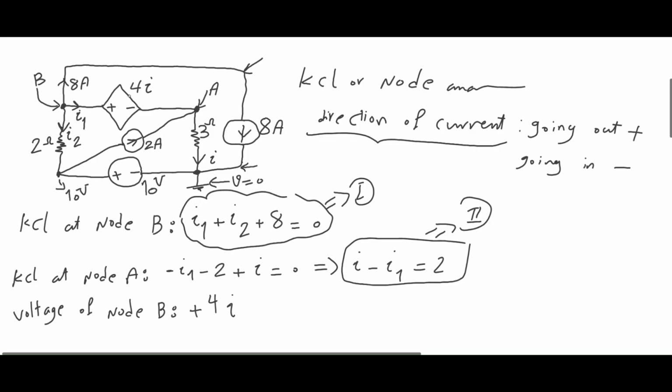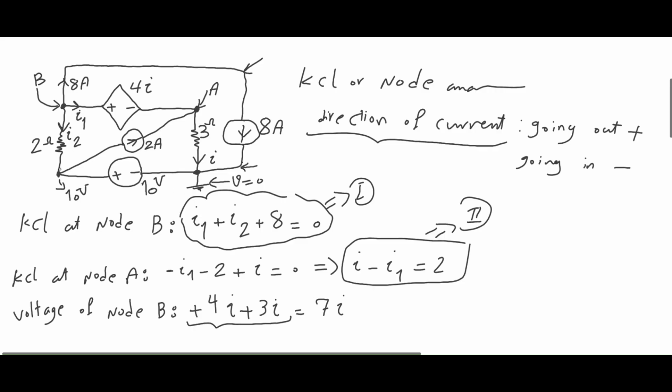We should follow the path towards the ground, so positive 4I, and over here I have positive 3I, and then this is ground, right? So the voltage of node B is positive 4I plus positive 3I, which is 7I. So 7I is the voltage of node B.